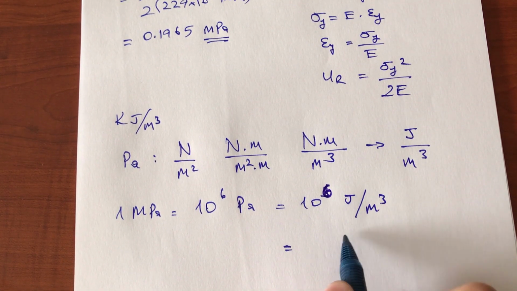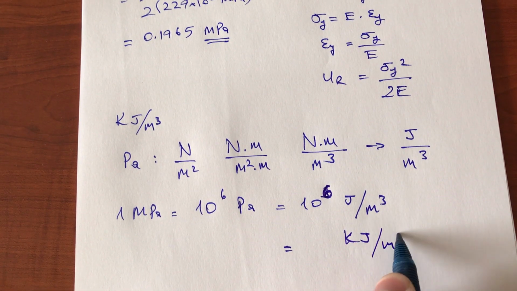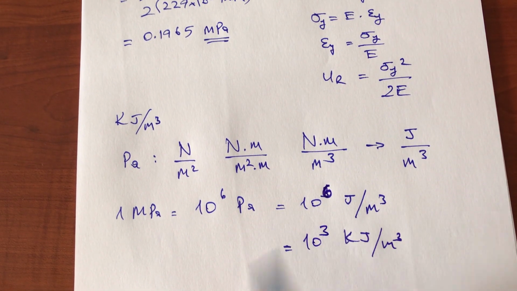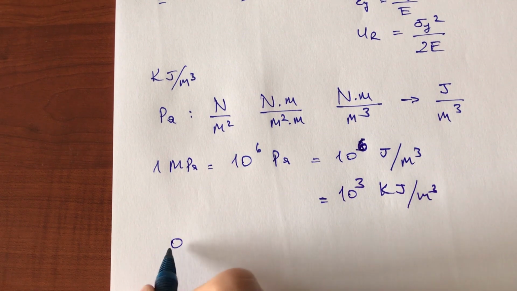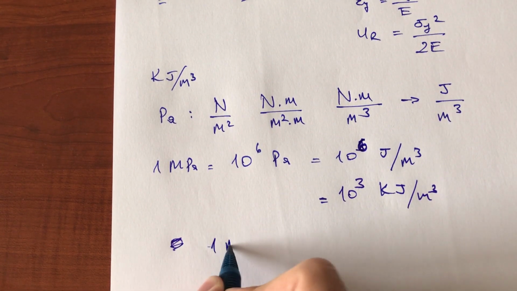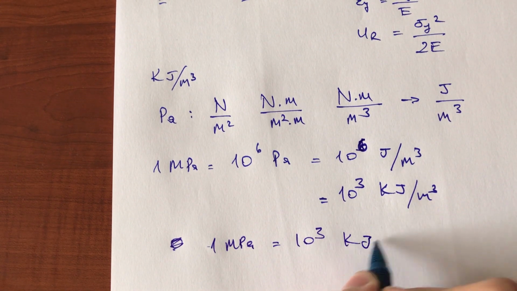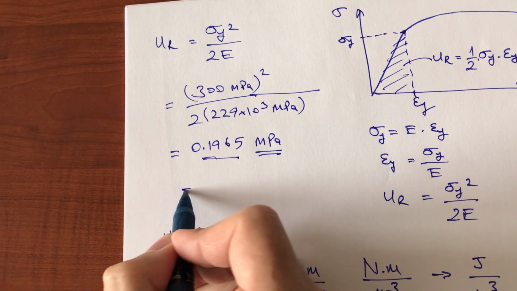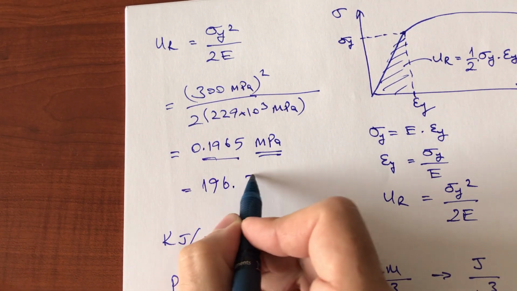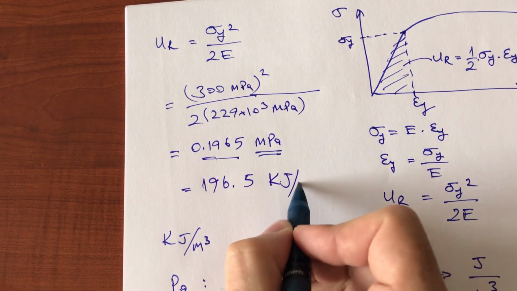If you convert this to kilojoules, then you simply divide by 1000. So 1 megapascal is 10 to the power 3 kilojoules per meter cube. Then this value is simply 196.5 kilojoules per meter cube.